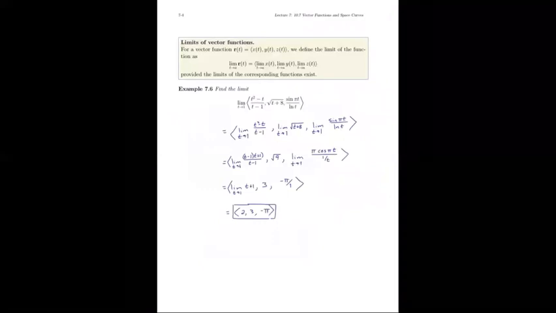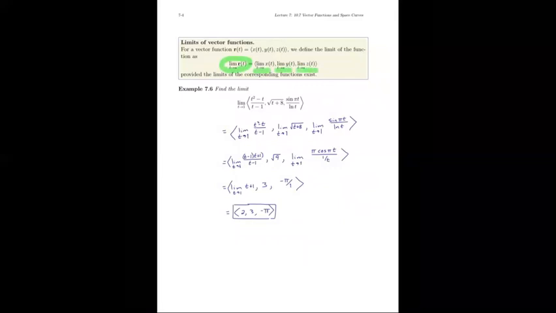So, beginning a little bit of calculus with these vector functions, we'll define the limit. Once we have the limit, that will define the derivative, and the limit will also define the integral, or the Riemann sum, of vector functions. The good news is, this is all very similar to one-dimensional calculus, except that when we take the limit of a vector function, we take the limit of each of its components.